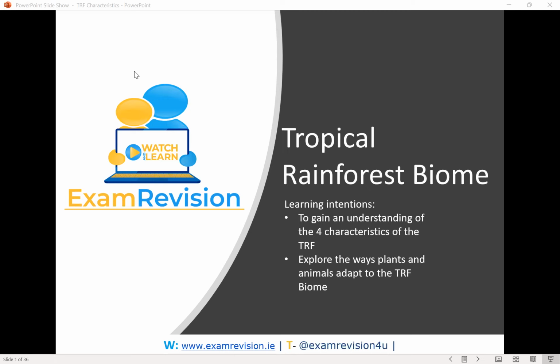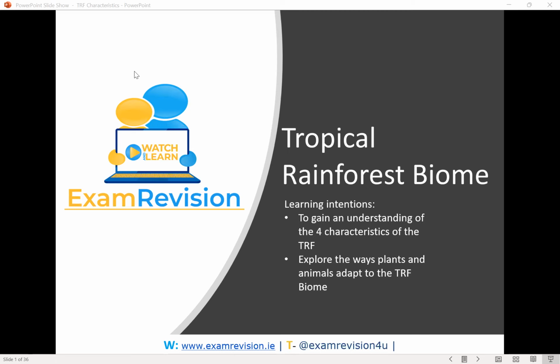Our learning intentions from this particular topic are to gain an understanding of the four characteristics of the tropical rainforest, and to explore ways that plants and animals adapt to the tropical rainforest biome. This is an important topic, as it will cover us for two questions with regards to the tropical rainforest.